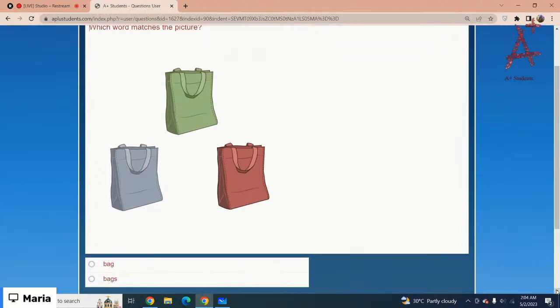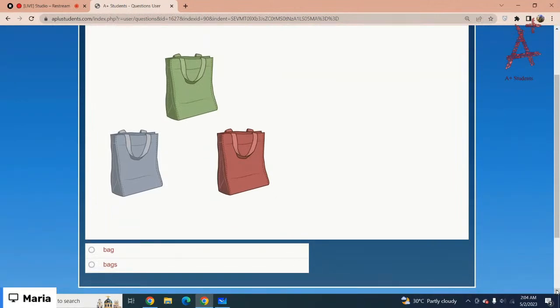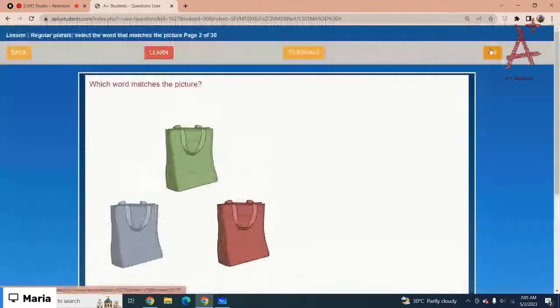Which word matches the picture? Bag, bags. The correct option is bags. They are more than one. Whenever you have more than one, they are plurals. So it would be bags.